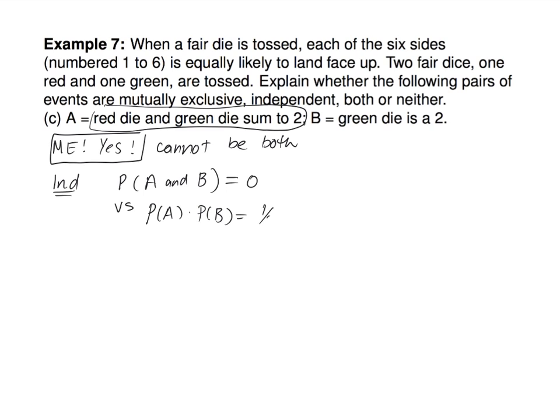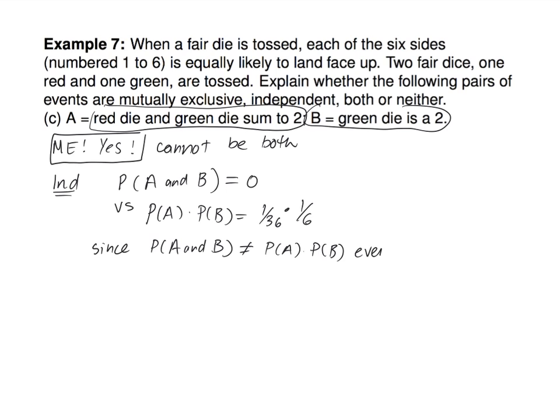That happens with probability 1/36, times the probability the green die is a 2, that's 1/6. No multiplication necessary to know that whatever that is, it is not equal to 0, right? So since P of A and B is not equal to P of A times P of B, these events are not independent, or you could say dependent.